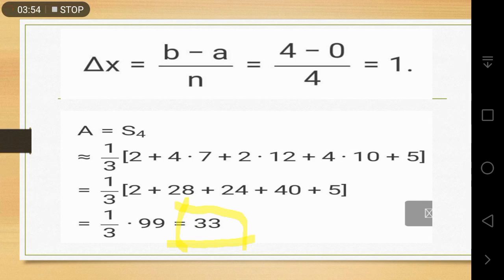That is the width of the subintervals for the rule.